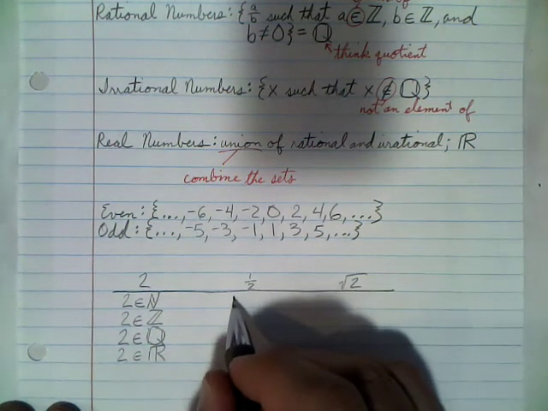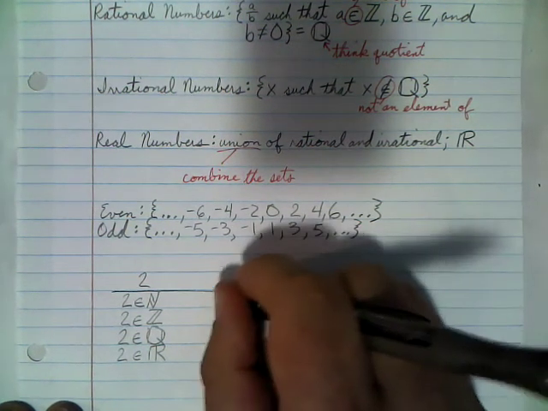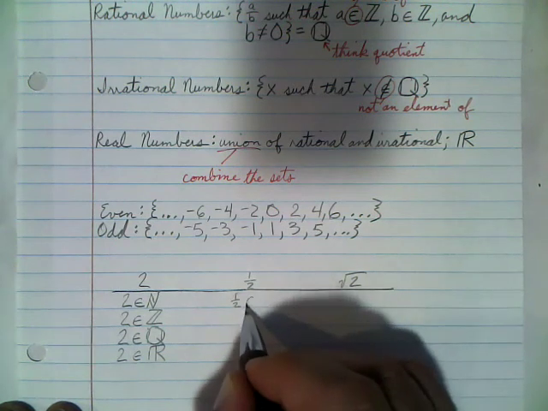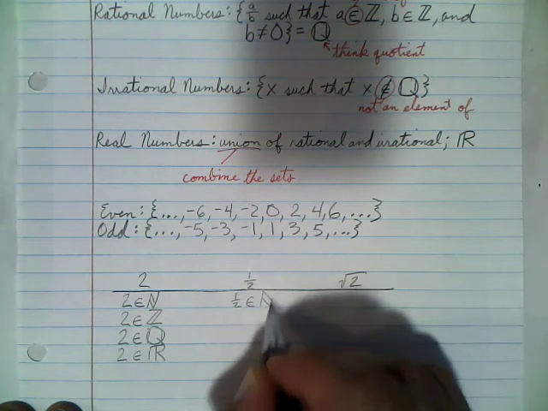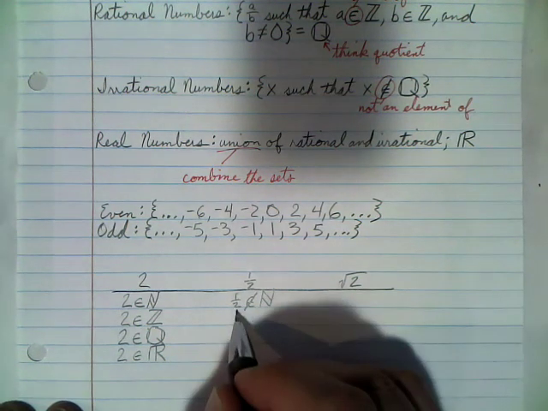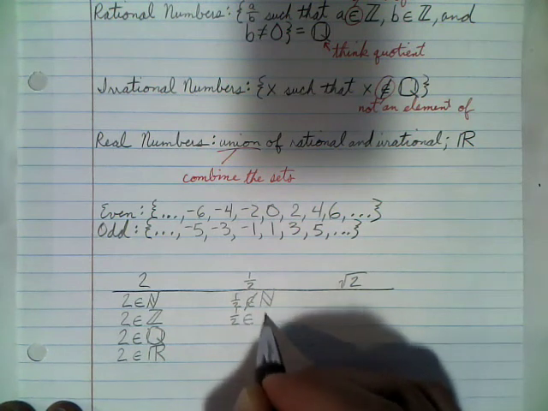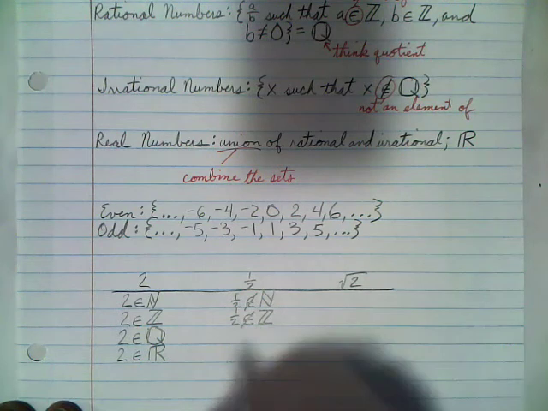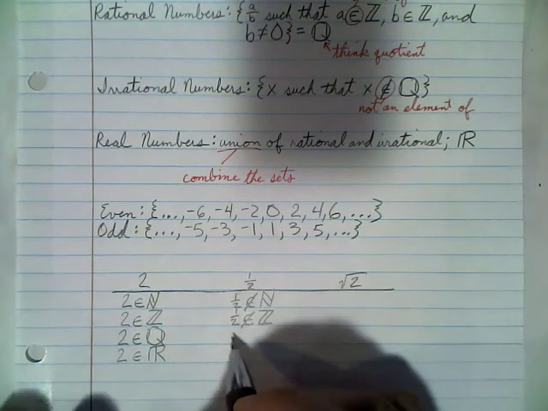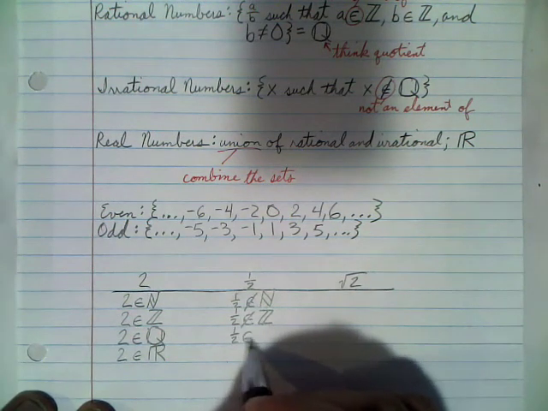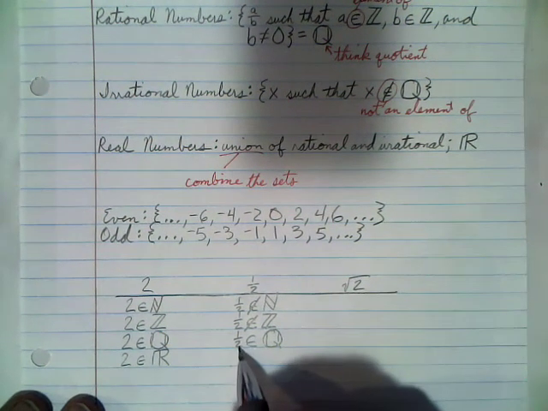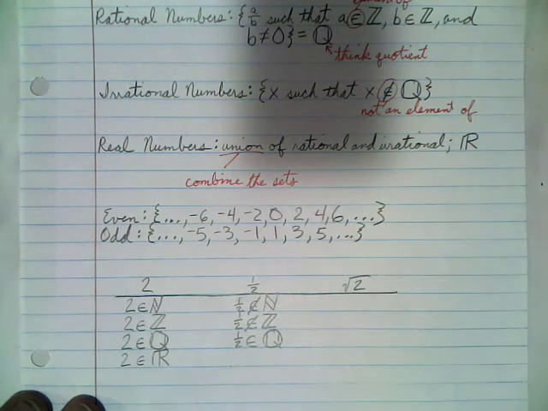For 1/2, 1/2 is not a counting number, which means that it is not an element of the natural numbers. 1/2 is not a natural number, the opposite of a natural number, or 0. 1/2 is, however, a fraction using integers. 1 is an integer and 2 is an integer.